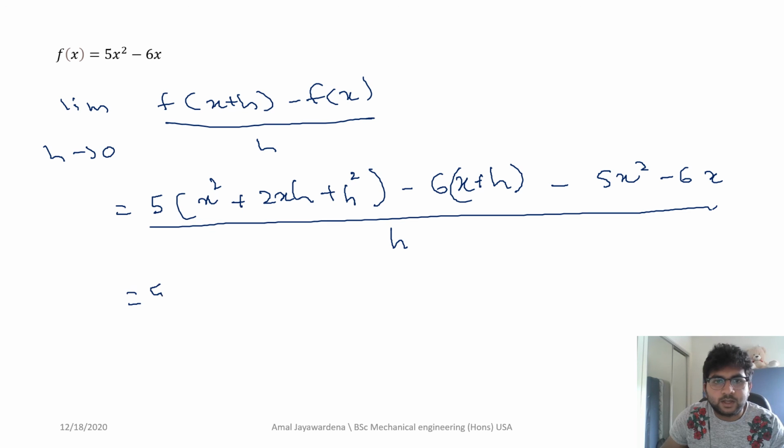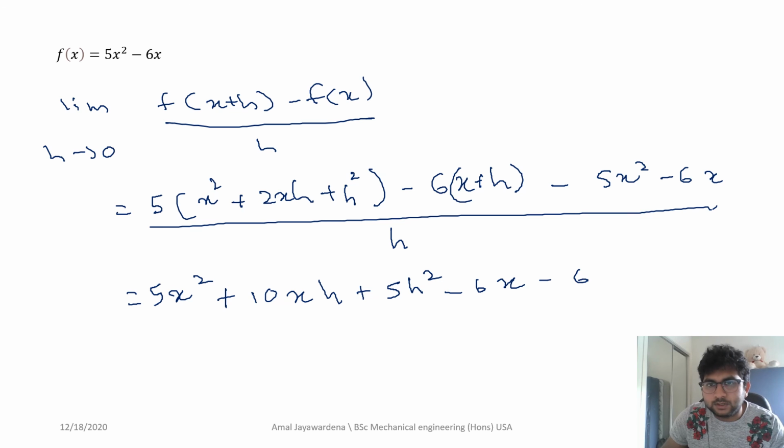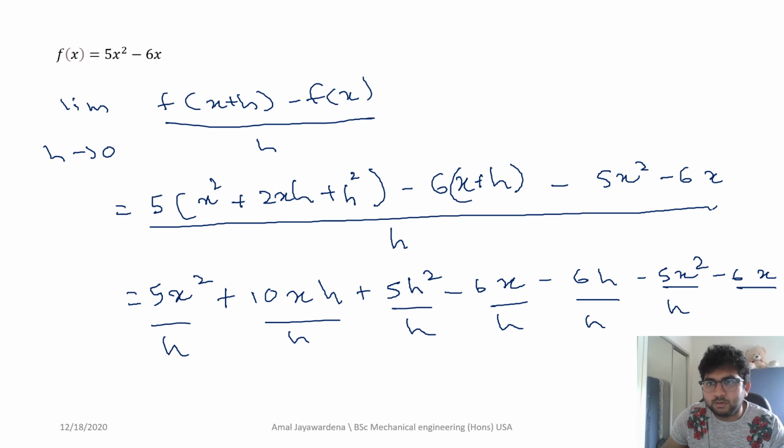And then I'm going to have to use the distributive property here: 10xh plus 5h squared minus 6x minus 6h minus 5x squared plus 6x, divided by h. So I'm going to cancel out every h that's going to cancel out.